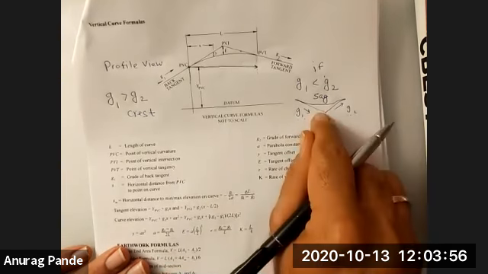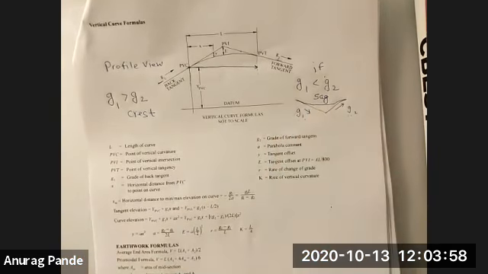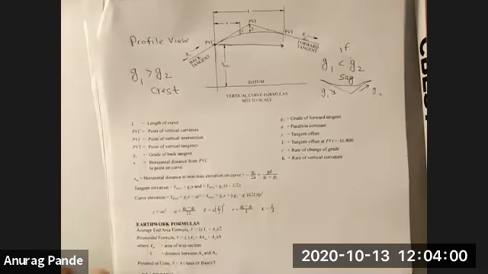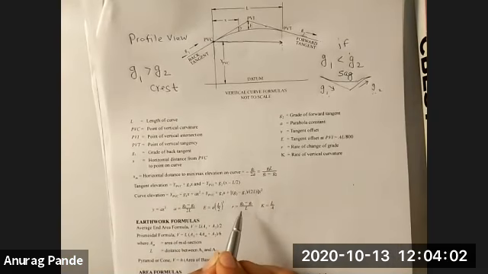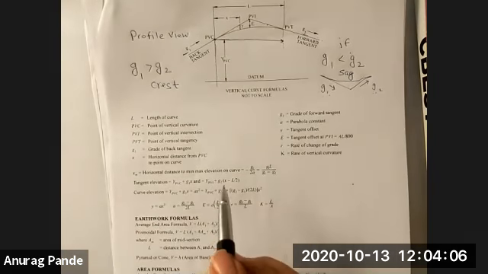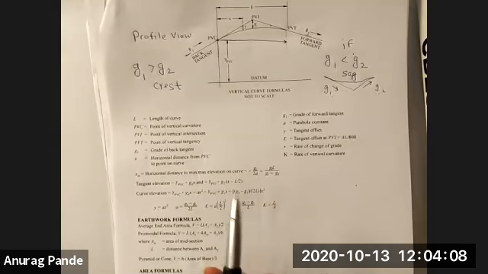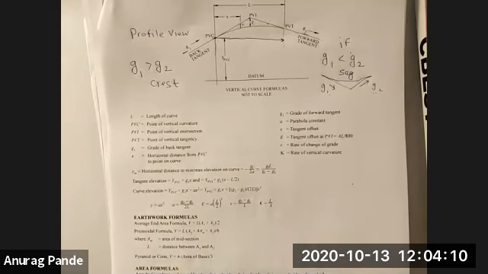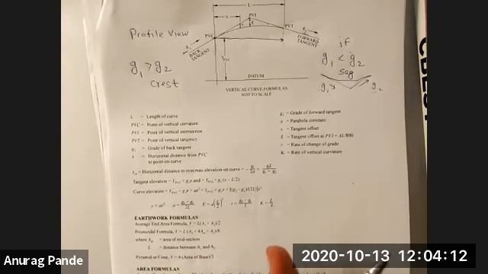Now, the formulas that are listed here apply nevertheless the exact same way. Whether it's a crest vertical curve or a sag vertical curve, the design formulas that are given on this sheet work out the exact same way. Okay?